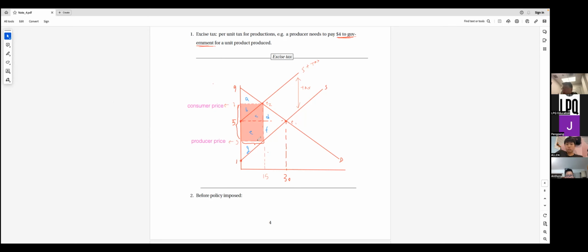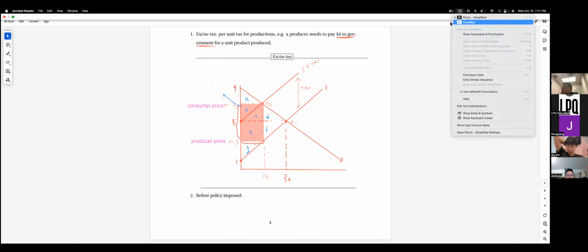And the next step, among BCE, within this square area, last week we mentioned B and C. So B and C together, the upper half part of this square, is called tax paid by consumer. So what do I mean by tax paid by consumer?